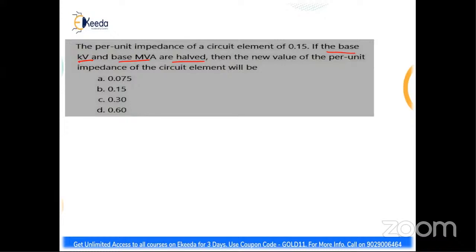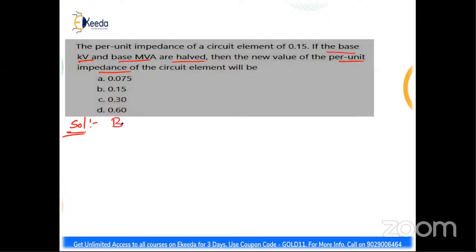The per unit impedance of the circuit element is already given, that is 0.15. Okay, now he's telling that if the base kV and base MVA are off, what will be the new value of per unit impedance of the circuit element? Okay, so there are 4 options, that is 0.075, 0.15, 0.30, 0.60. Okay, now solution for this.